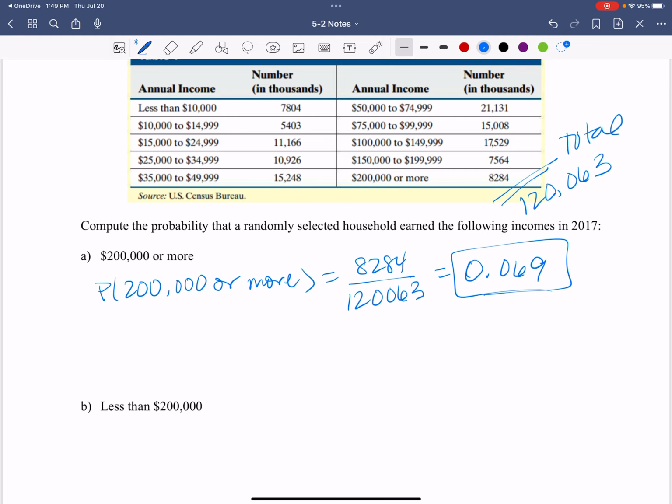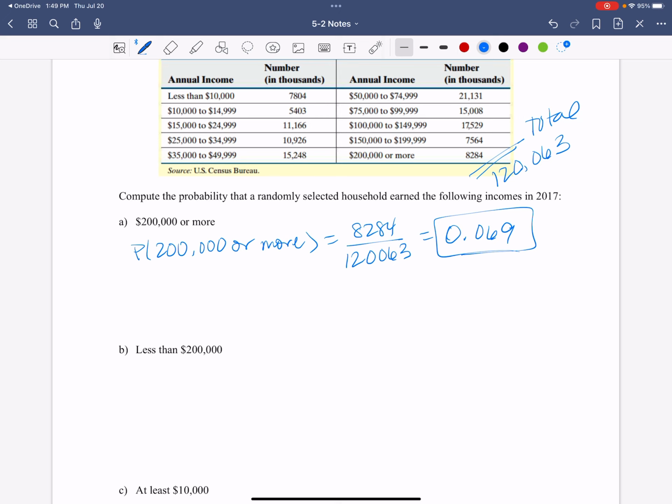Yes, I love it. Okay, so I'm going to squeeze this in a little bit so that I can write a little bit more. The probability of less than 200,000 is 1 minus, and simply because we just figured out this one, I'm going to use it. It's 1 minus the probability of 200 or more.